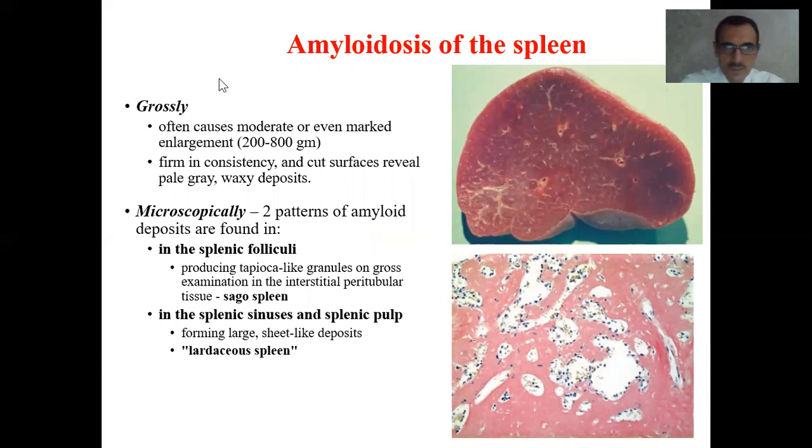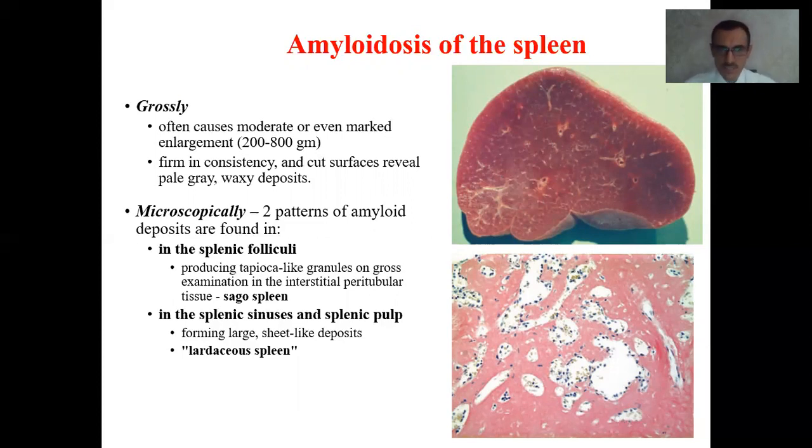Amyloidosis of the spleen grossly often causes moderate or even marked enlargement, 200 to 800 grams, firm in consistency, and the cut surface reveals pale gray waxy deposits. Microscopically, two patterns of amyloid deposits are found.